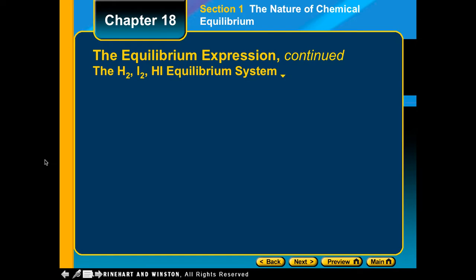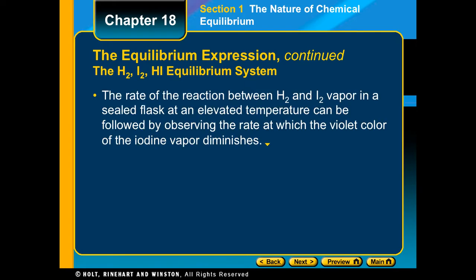For example, the H2, I2, HI equilibrium system. The rate of reaction between hydrogen and iodine vapor in a sealed flask at an elevated temperature can be followed by observing the rate at which the violet color of iodine vapor diminishes.